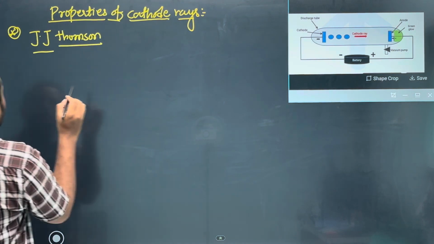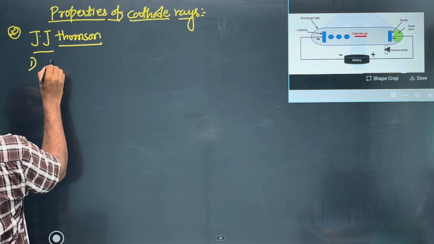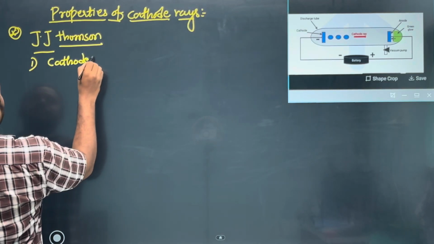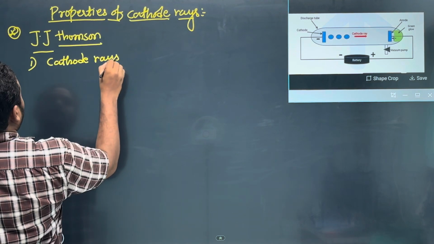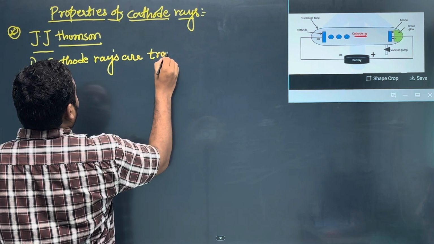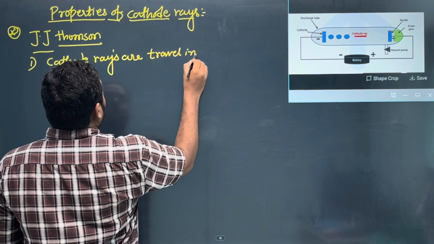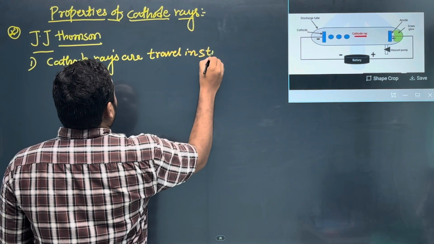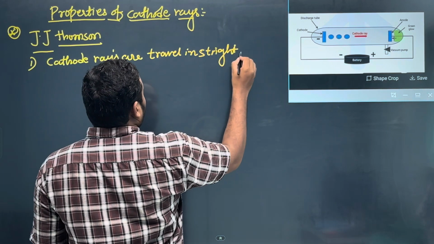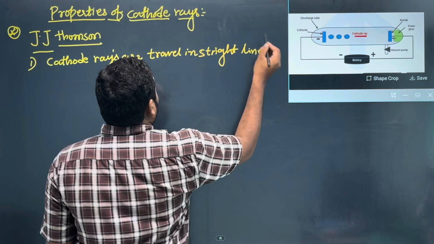The first point he observed is that cathode rays travel in a straight line.